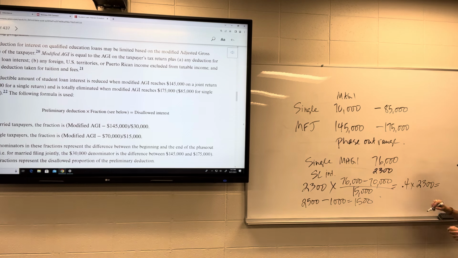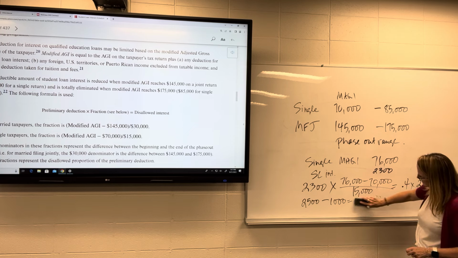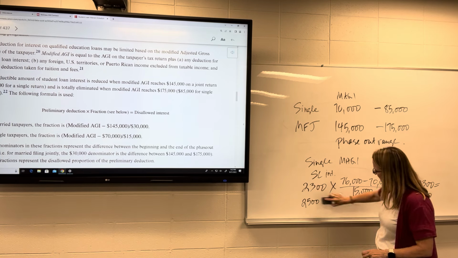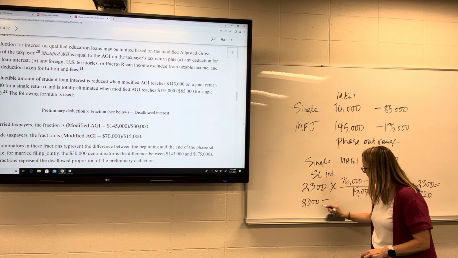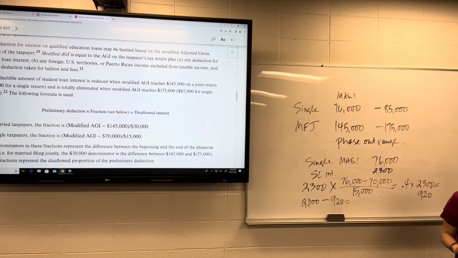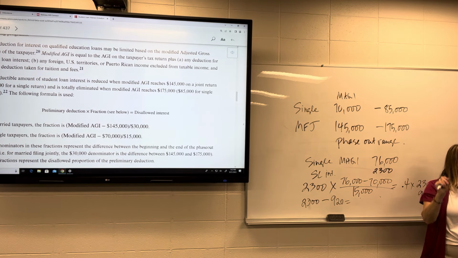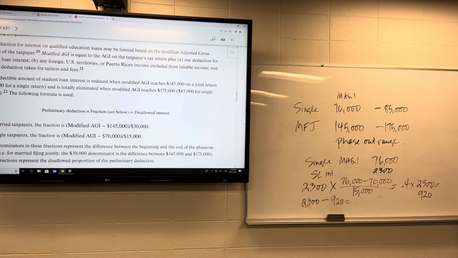What's 4 times 23, 900 and, what is it? Why am I struggling with this? 920? Yeah. Okay. So 920, so this is still our preliminary amount, 2,300 minus 920. So again, this preliminary amount is 2,500 or the actual student loan interest, whichever is less.